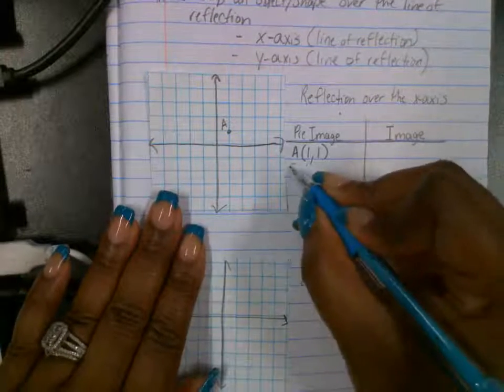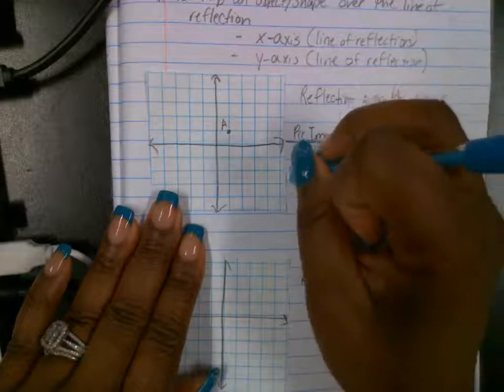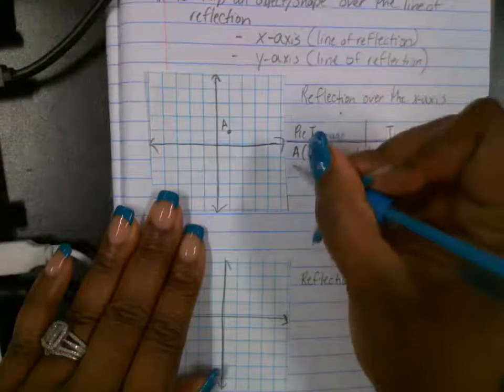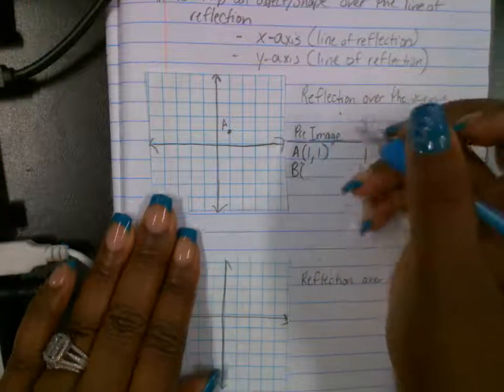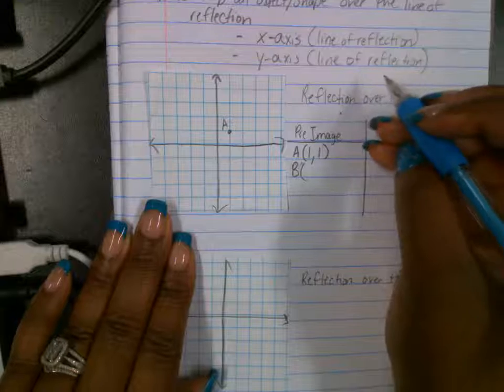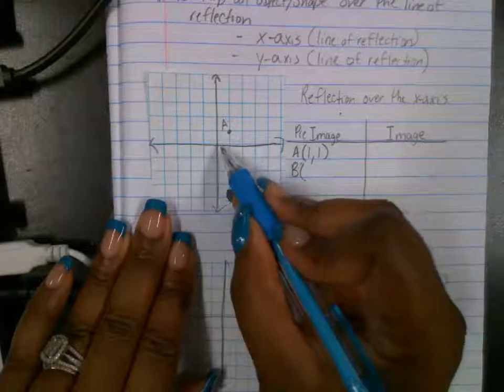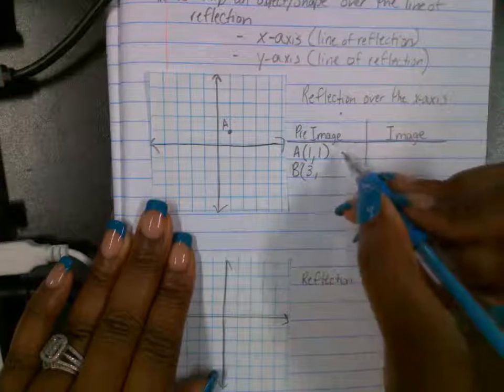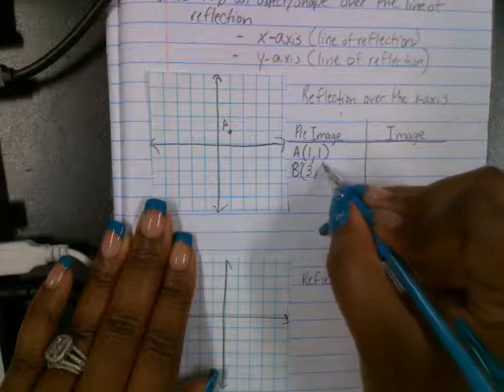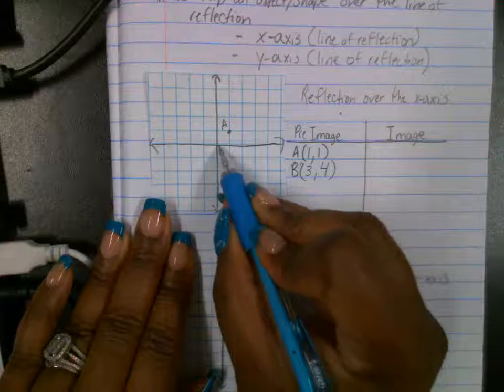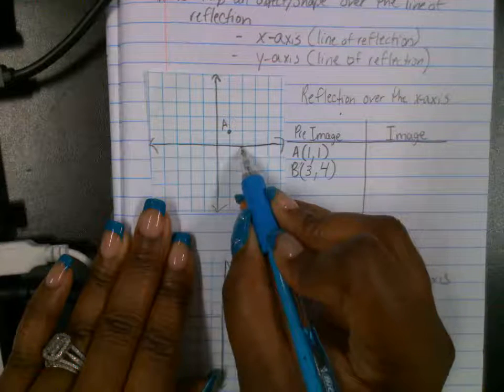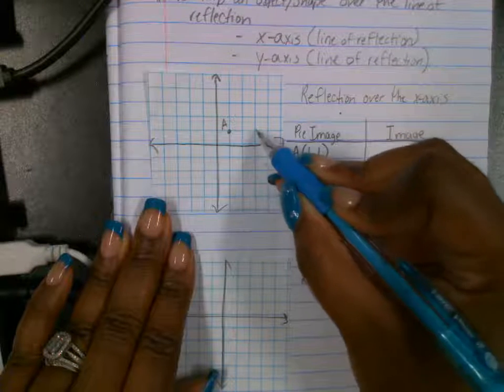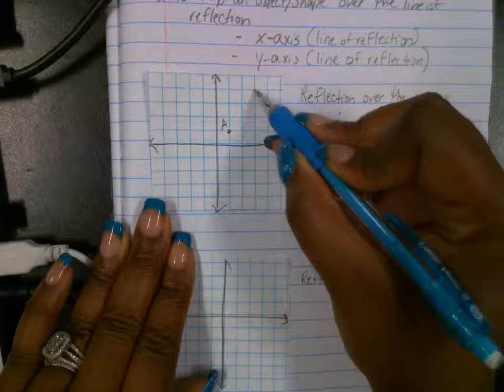Let's do B. Let's do 3, comma, 4. So go over 1, 2, 3, and up 1, 2, 3, 4.